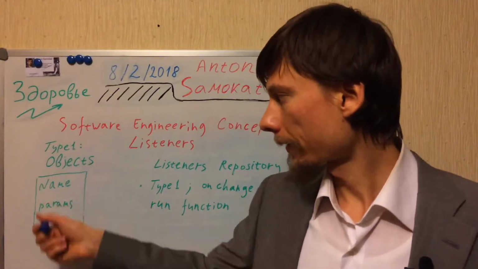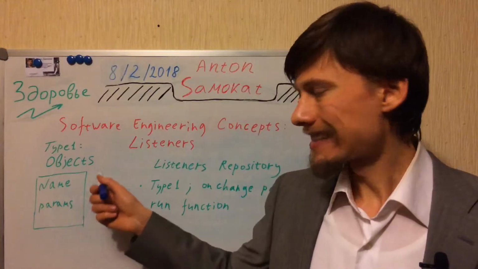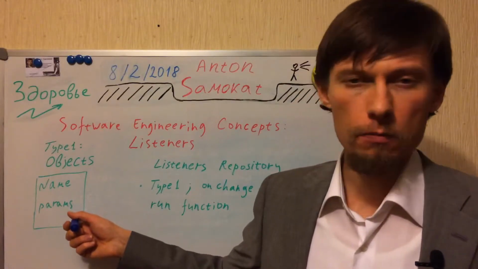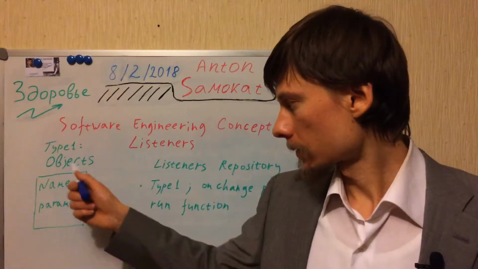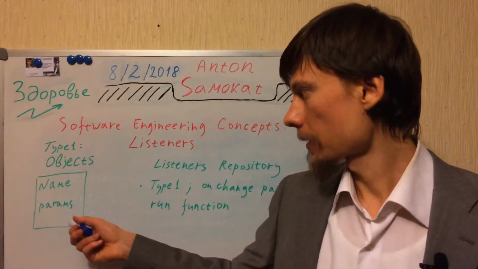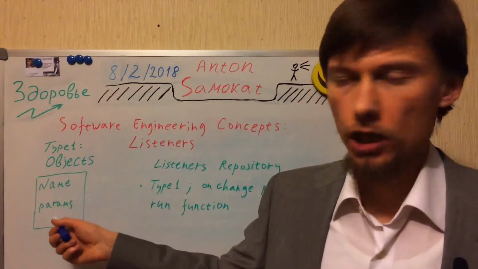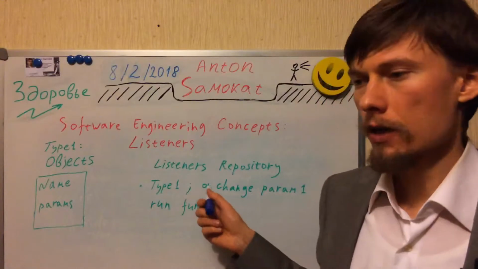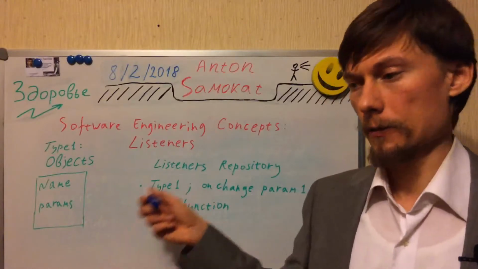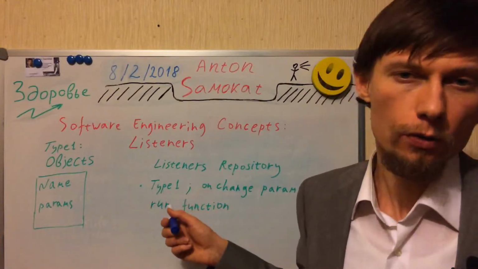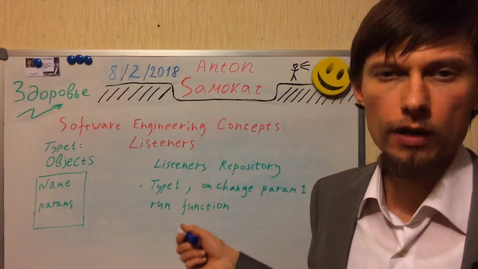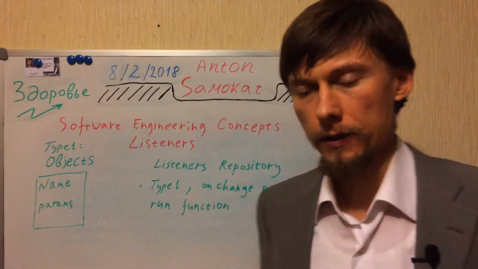So when the system changes some parameter in the system, the procedure should be implemented so that when the parameter is changed, the system must check whether there are some appropriate listeners, and if one or several listeners exist, then the appropriate action must be called, some function, for example, here.